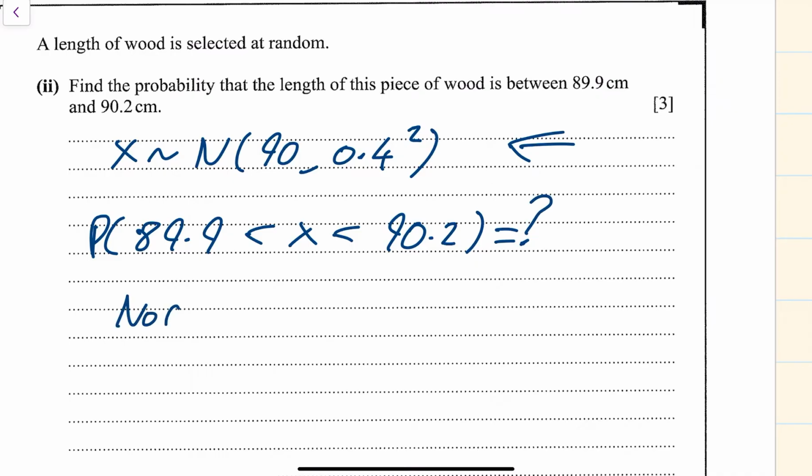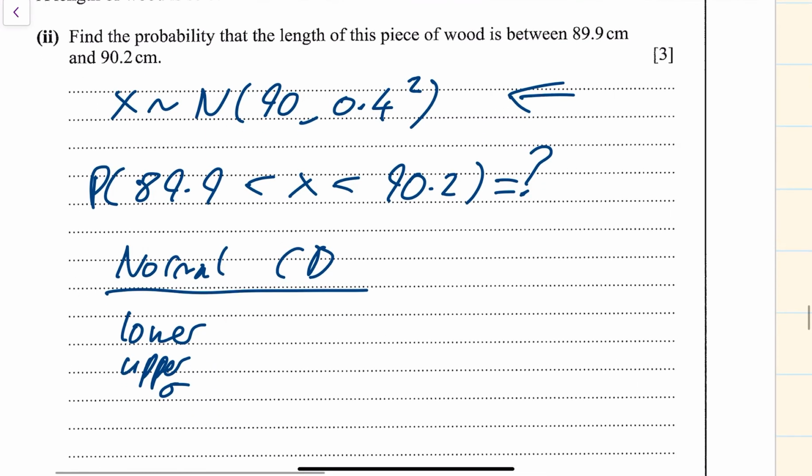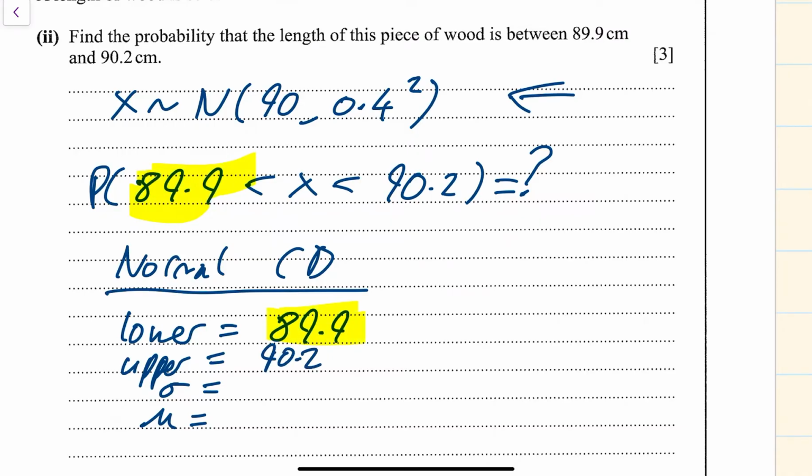So you're using normal CD mode. You go into normal CD and then you've got your lower value, your upper value, your sigma and your mu. So your lower value is 89.9. That's where that came from. Your upper value is 90.2.